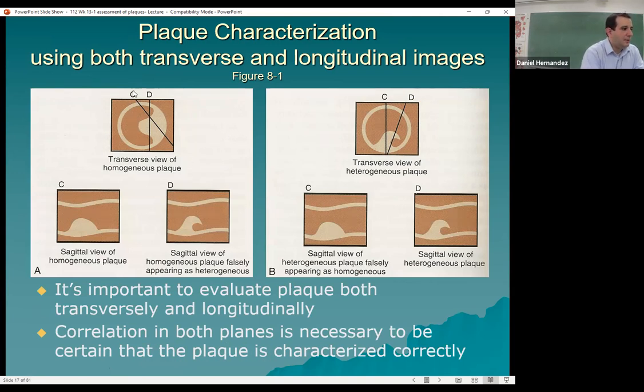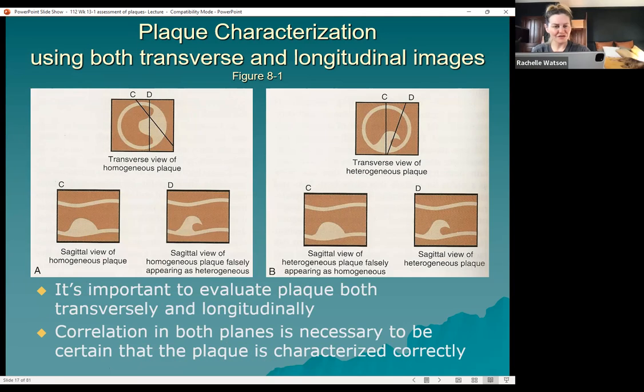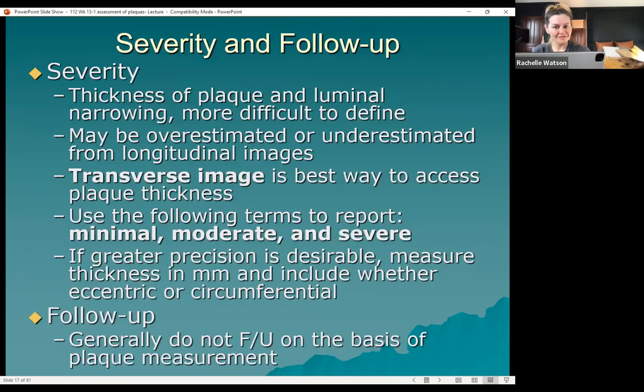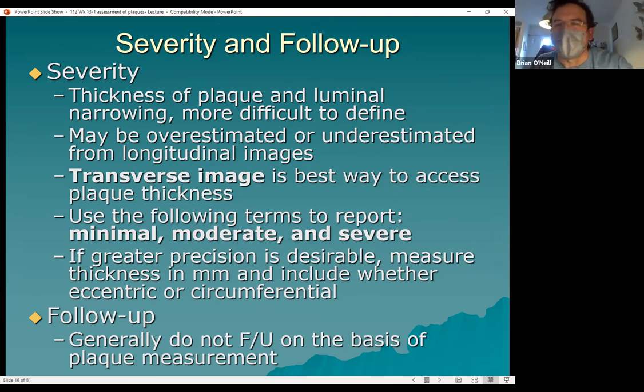This is just showing how in transverse, sorry. What does FU mean? I think it means follow up, but I don't know.